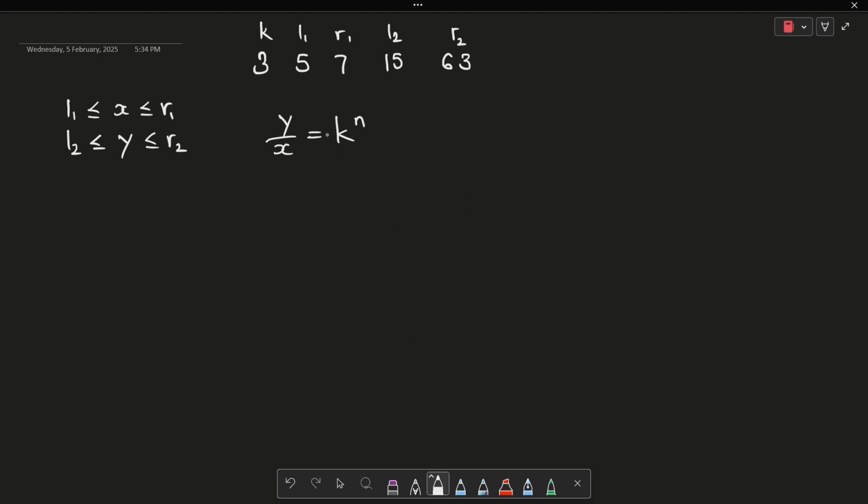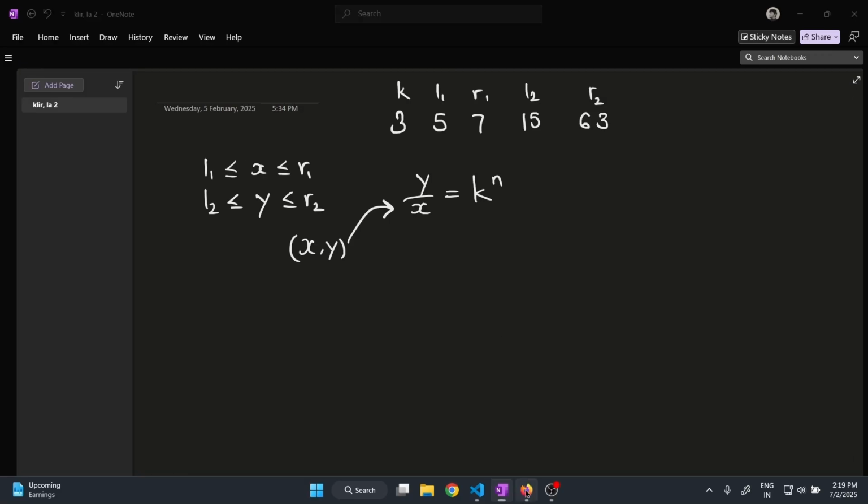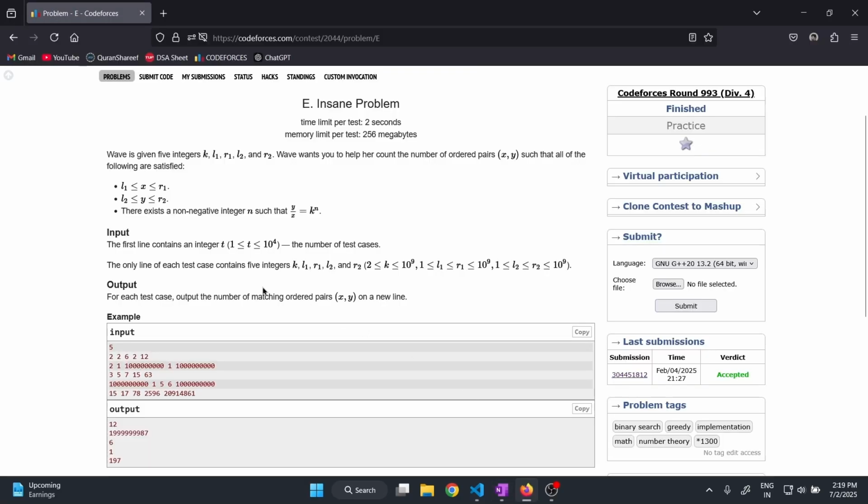So we have to count the x, y ordered pairs which satisfy this condition. Now we can conclude one thing, that k is an integer. And it has been said in the question that n is a non-negative integer, so it can be 0 or any natural number.